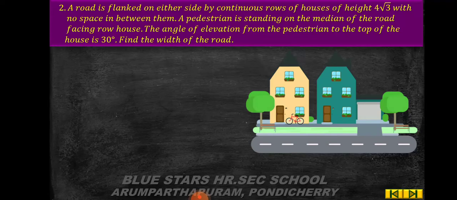So here there are continuous rows of houses of height 4 root 3. There is no space between them. A pedestrian is standing on the median of the road facing the row of houses. So you get the angle of elevation of the top of the house and the height of the house.